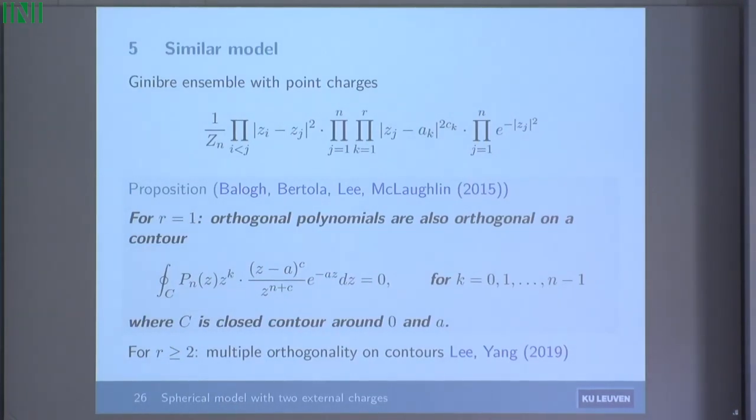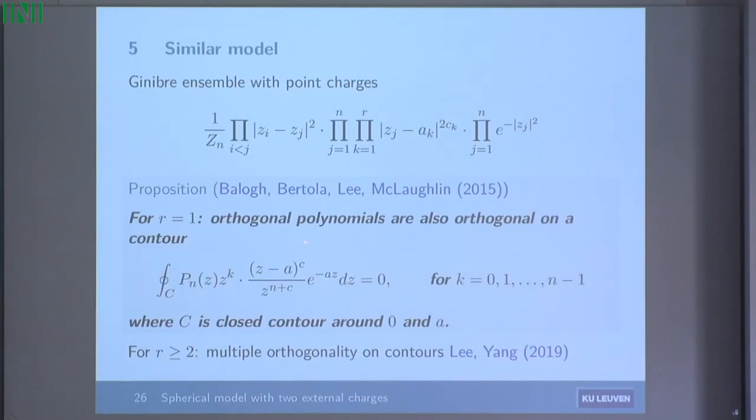With a number of what we could call Fisher-Hartwig singularities. At each of a number of ak, you put an extra factor that interacts with the other points. There's a repulsion from these other points in the plane.